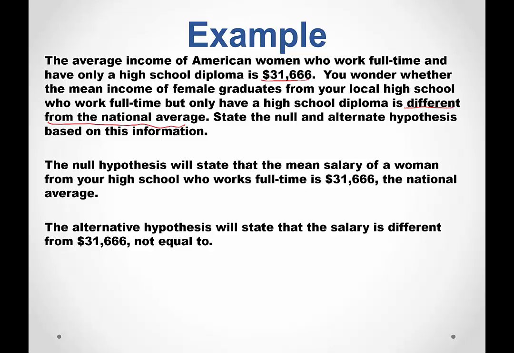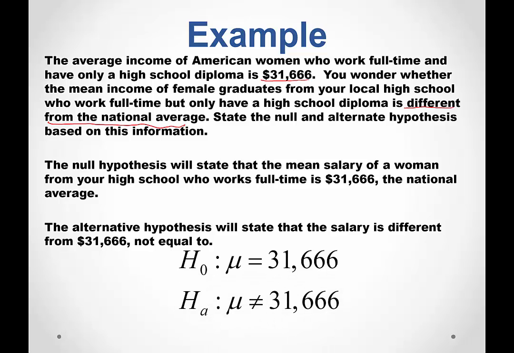Now, the word different from in math terms is going to mean not equal to. So here are our hypotheses. The null hypothesis is that the mean is 31,666. The alternate hypothesis is the mean is not equal to 31,666.